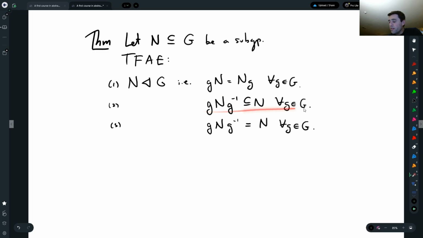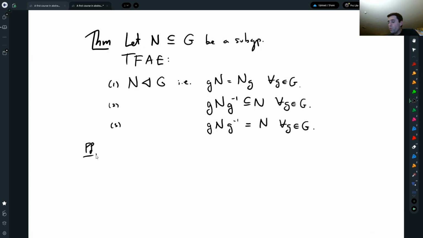And this is the statement that is going to be the easiest to prove. So we're going to prove that these three things are equivalent, but eventually what we're going to use is this one, because that's the easiest one of the three to use.